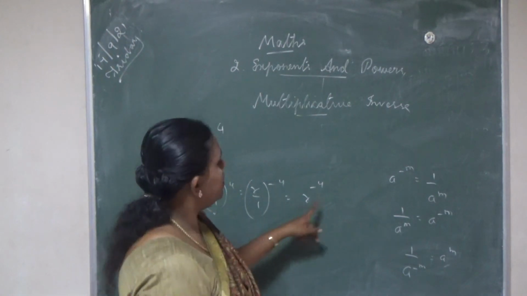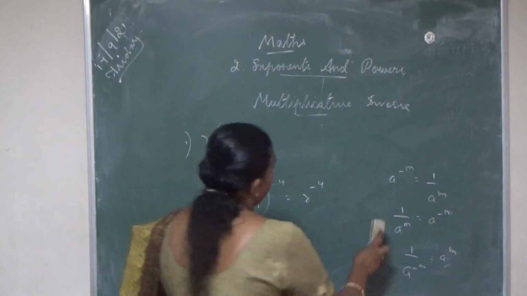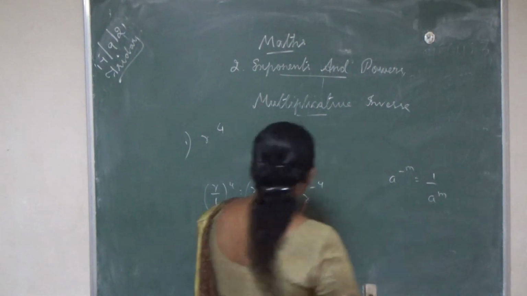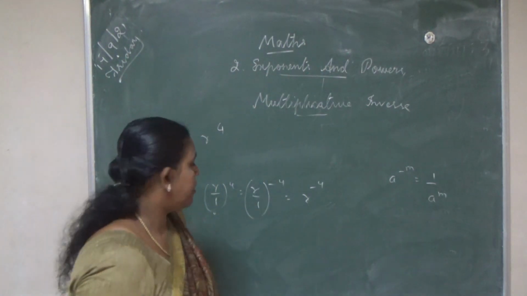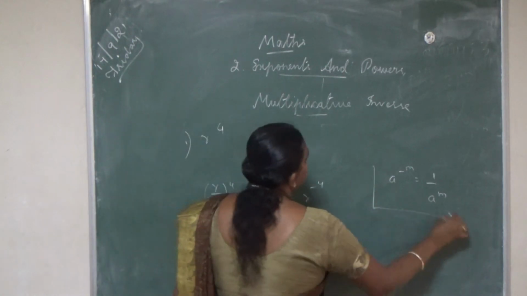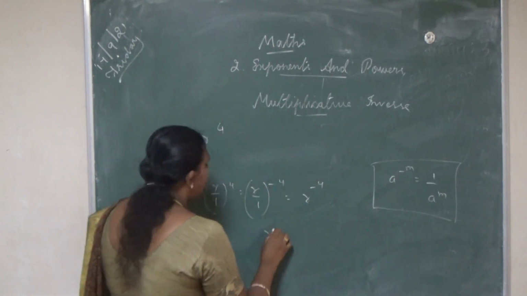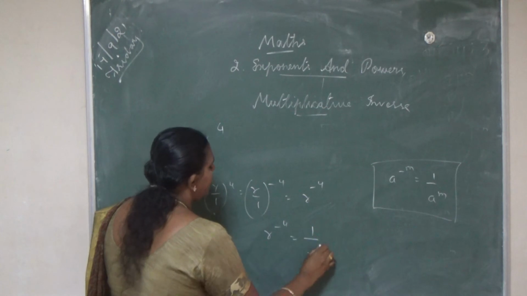So here I can apply a power minus m is equal to 1 by a power m. According to this formula, I got r power minus 4 is equal to 1 by r power 4.